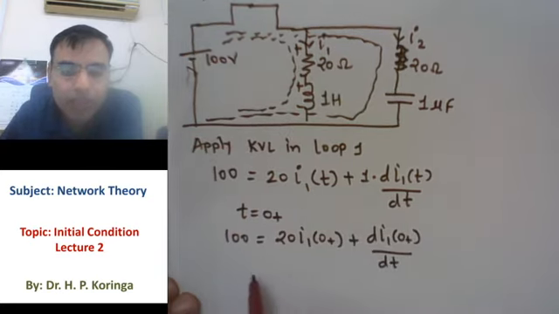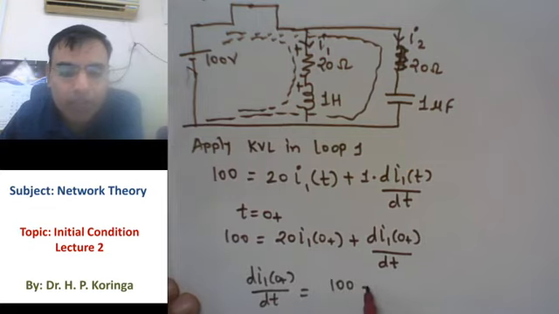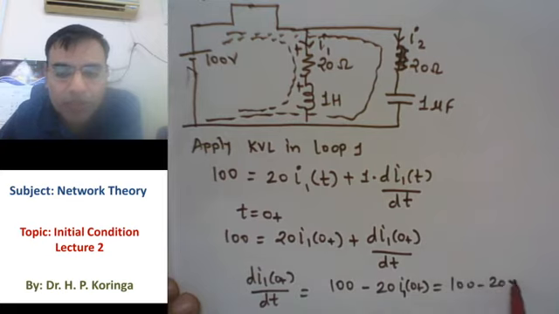From this we get dI1 of 0 plus divided by dt is equal to 100 minus 20 I1 of 0 plus. So 100 minus 20 multiplied by 10 by 3.